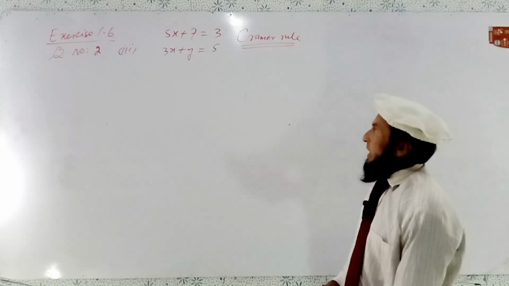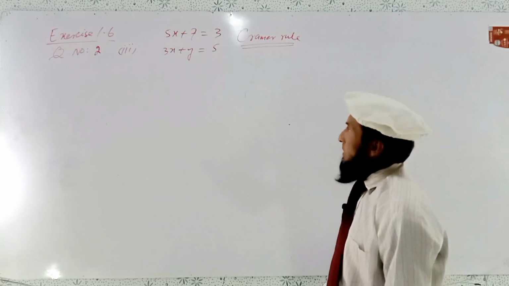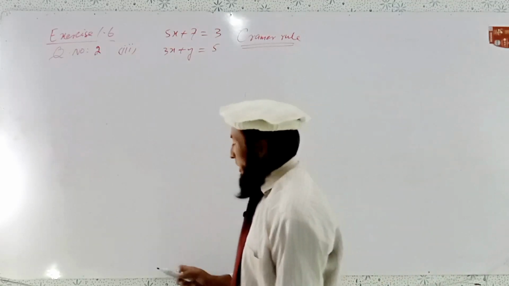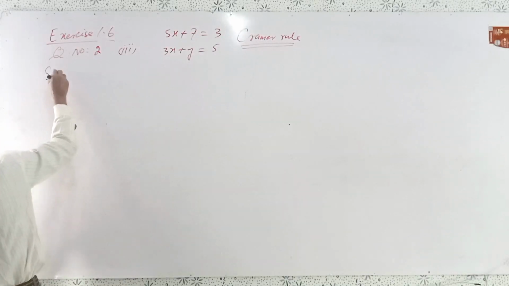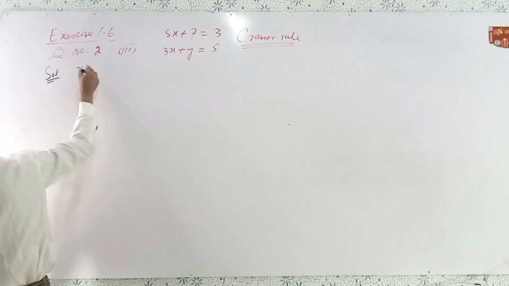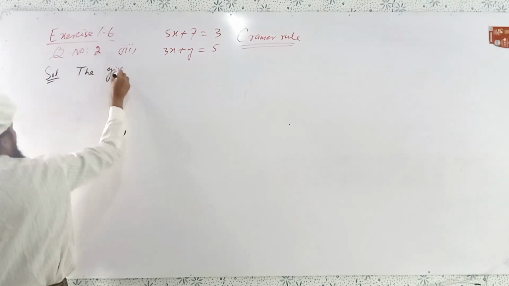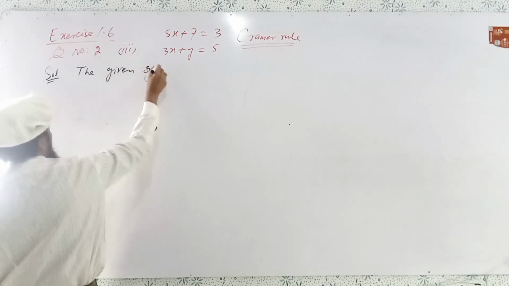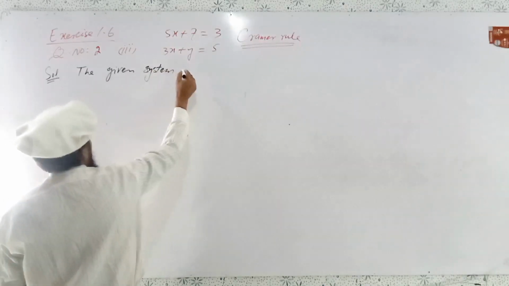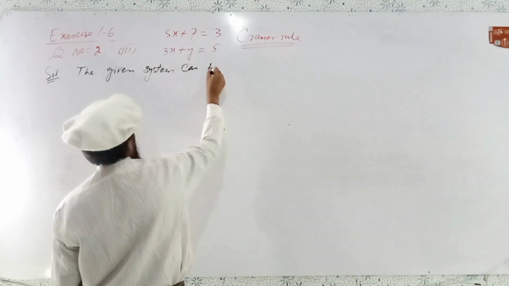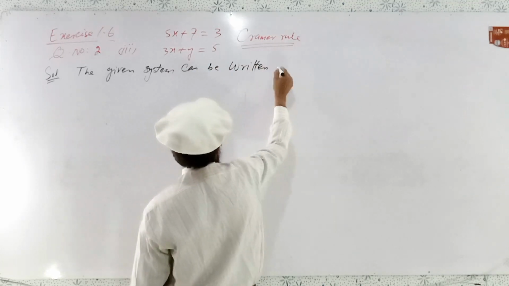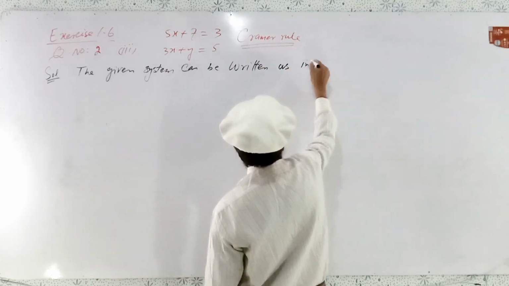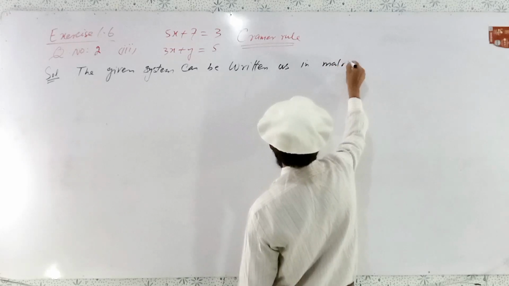First we write the given system in matrix notation form. So the given system can be written in matrix form.